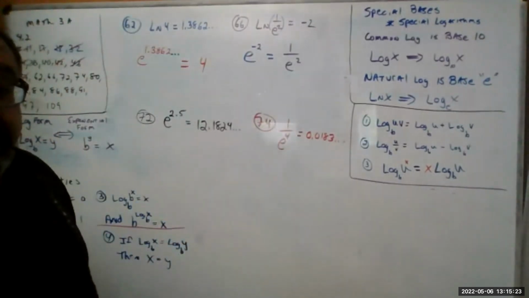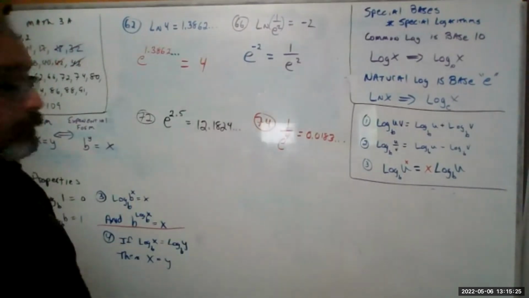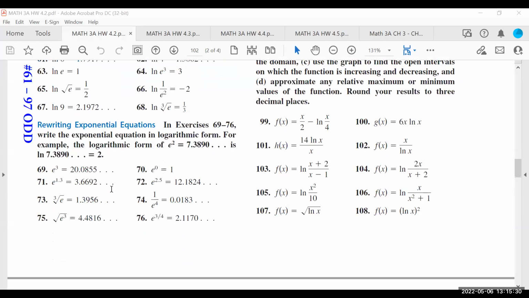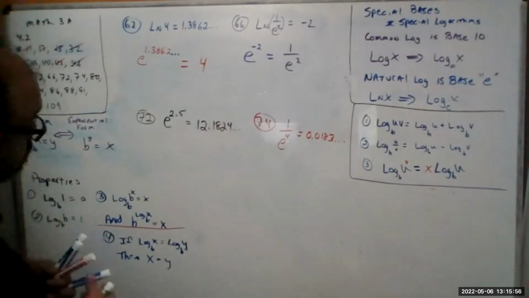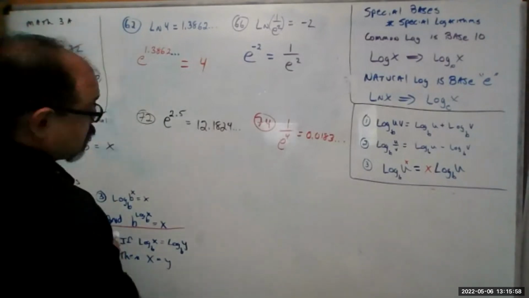Now the directions for 72. We're starting with the exponent form, and they want us to convert it into the logarithm form. And since our bases are e's, we're going to be converting it into natural logarithm form. Remember, it's all about somebody undid my natural logarithm.